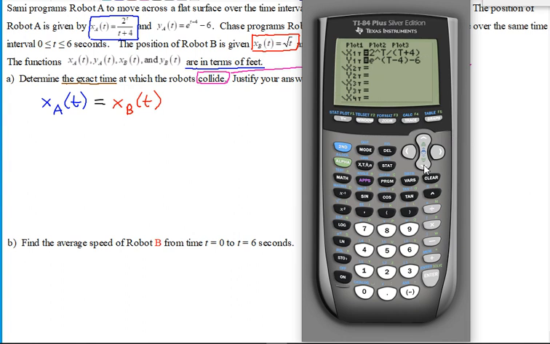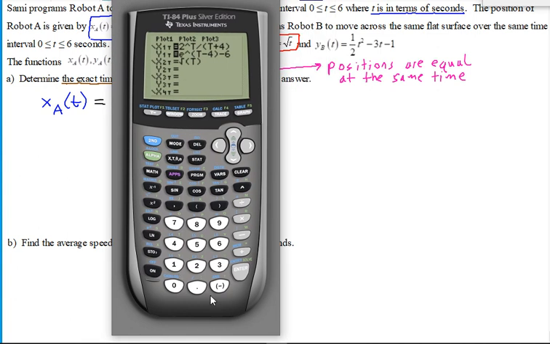And then for x sub 2, that's the square root of t. Y2 is 0.5 or 1/2 t squared minus 3t minus 1.